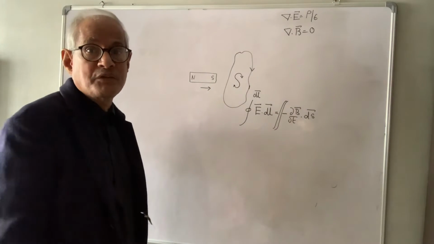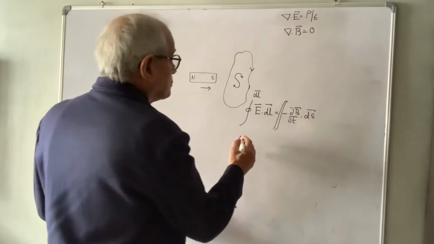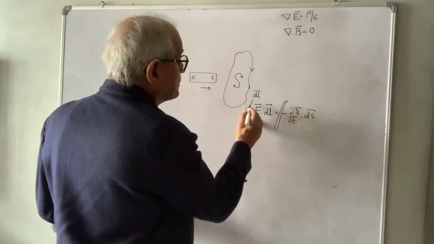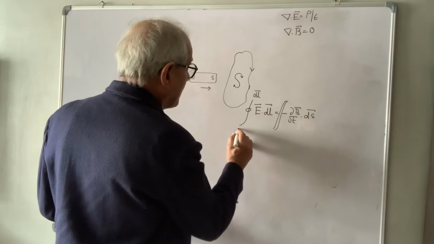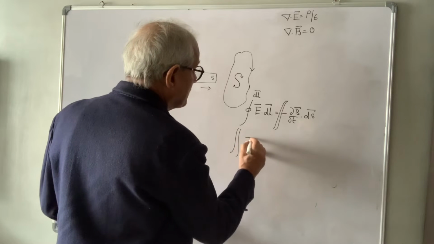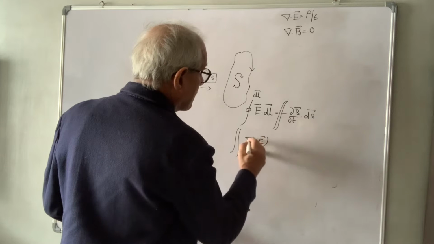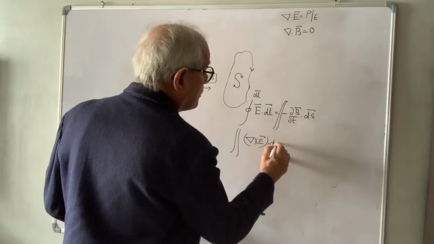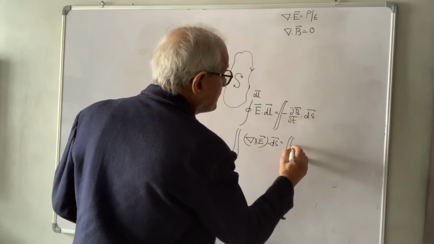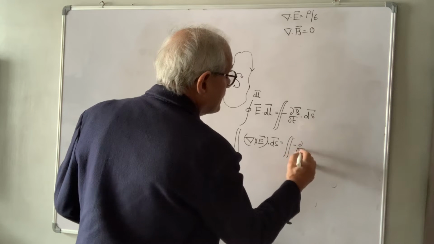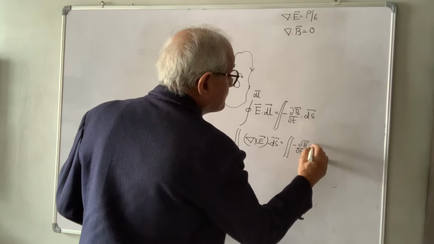We want to convert it to differential form, so we use Stokes theorem. By Stokes theorem, this line integral can be converted into a surface integral: the surface integral of curl of E dot ds is equal to the surface integral of minus del by del t of B dot ds.